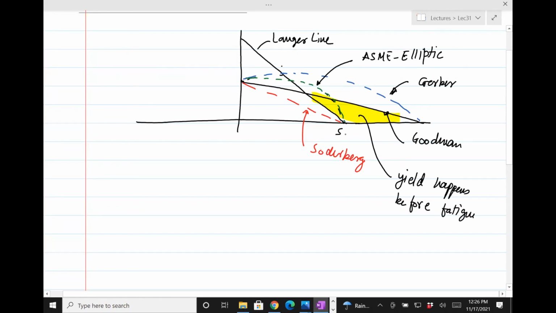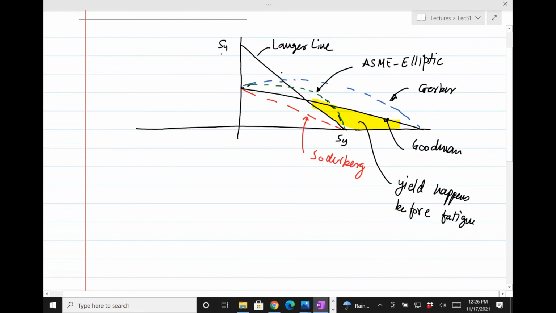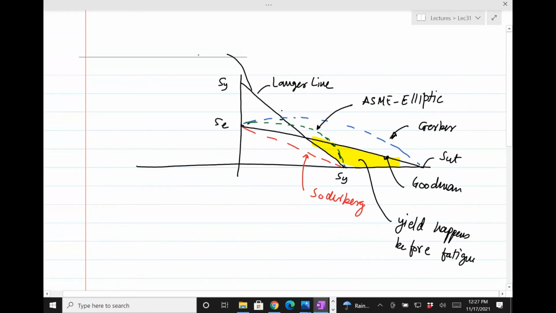Okay, and I should maybe put this SY, SE, SUT. So this is the yield line. And this is the Goodman fatigue line. This is the yield line.